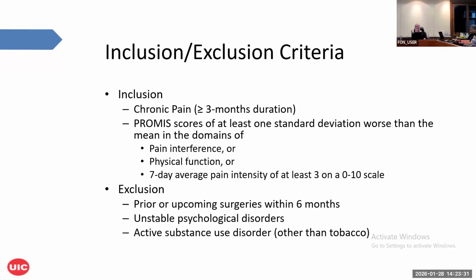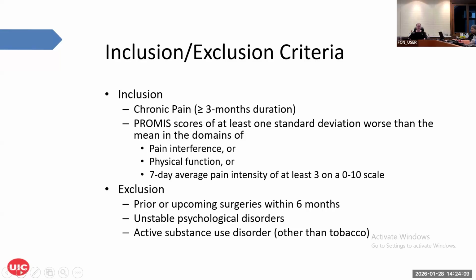So anyone with substance use disorder, we excluded because that's very difficult to, number one, manage, but also to be able to have real good evidence coming from the trial. But the reason I'm sharing this with you is that it really is quite brief for our inclusion pain and our exclusion. There isn't a whole lot really that we're excluding.